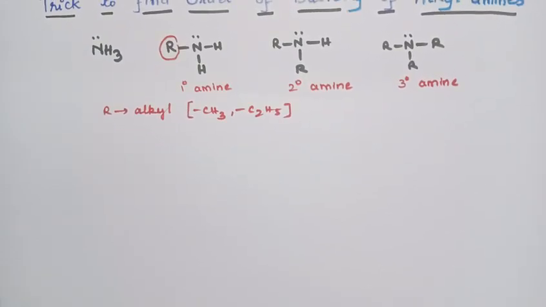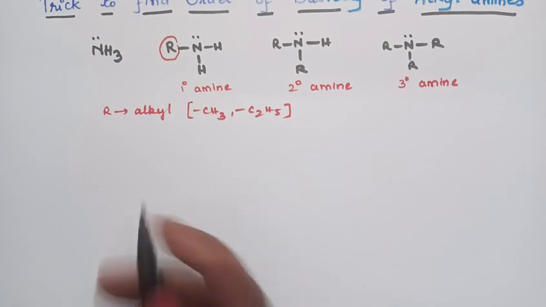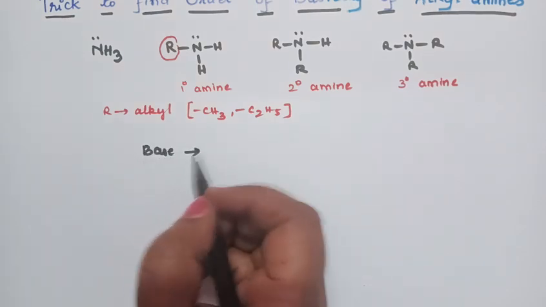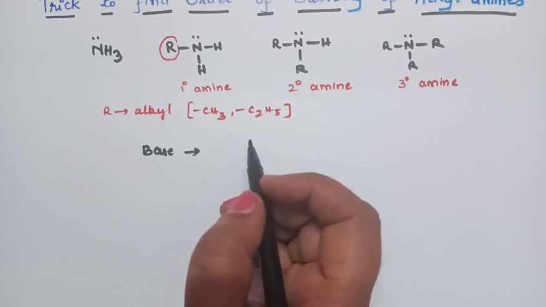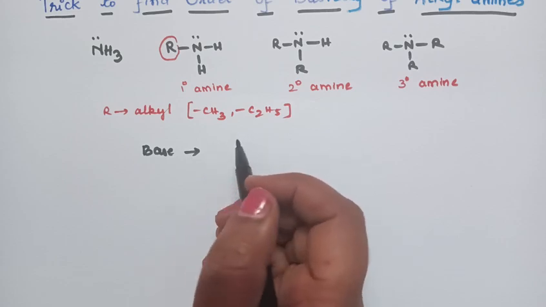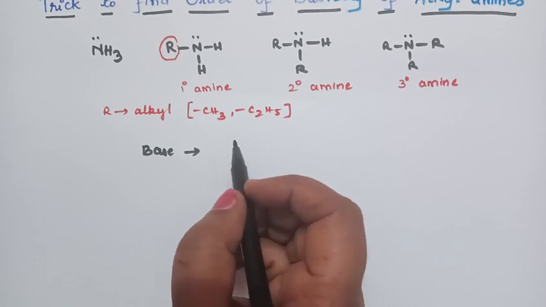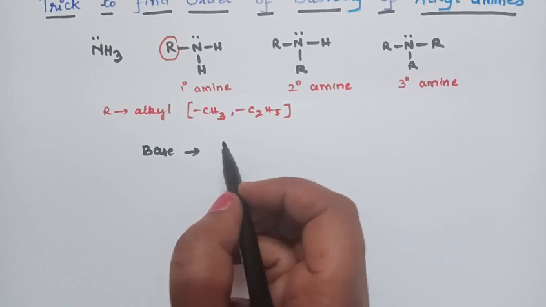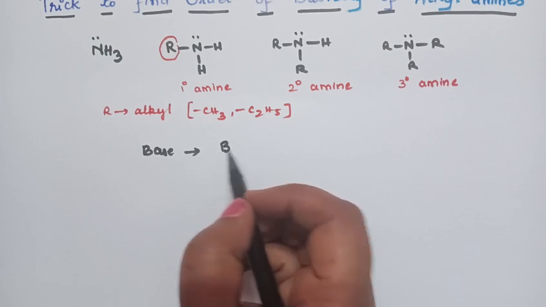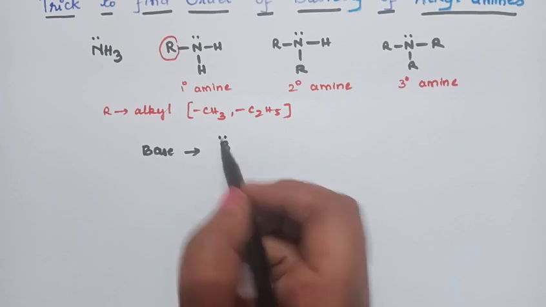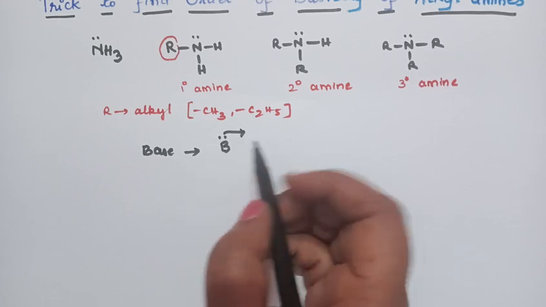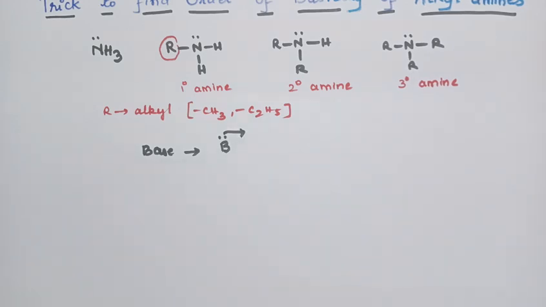So first of all, what is a base? Base means a species that gives out a lone pair of electrons, so it should have a lone pair of electrons, and if it easily gives out the lone pair of electrons, it is called a base. Here you can see there is a species, example B. If there is a lone pair of electrons on it and it donates this lone pair, then this is called the base.